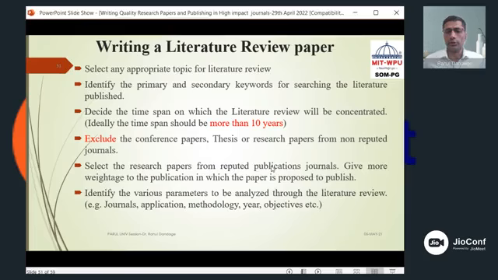We should only incorporate the top rated journals. We should select journal papers from highly reputed journals and publishing houses, and we can go for analysis of the various papers according to the journals, the application, the methodology, year of publication, the objectives, the methodologies which are used, etc.